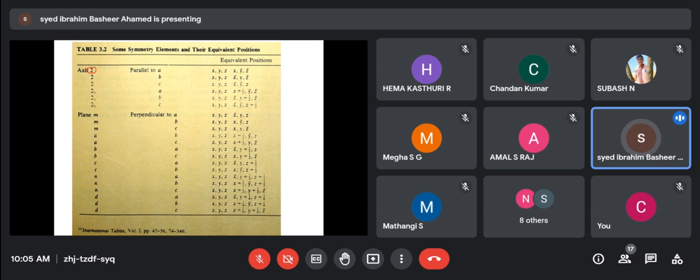Assume you have a two-fold rotation axis which is parallel to the A axis. The equivalent positions are x, y, z, and then x, y bar, z bar. What does it mean? Assume something like this. Here I have some molecule. This is the A axis and this is the B axis. Forget about the C axis right now, which should be perpendicular to the plane of the screen. I don't want to draw it, it will cause confusion. I have a two-fold rotation axis which is parallel to the A axis.